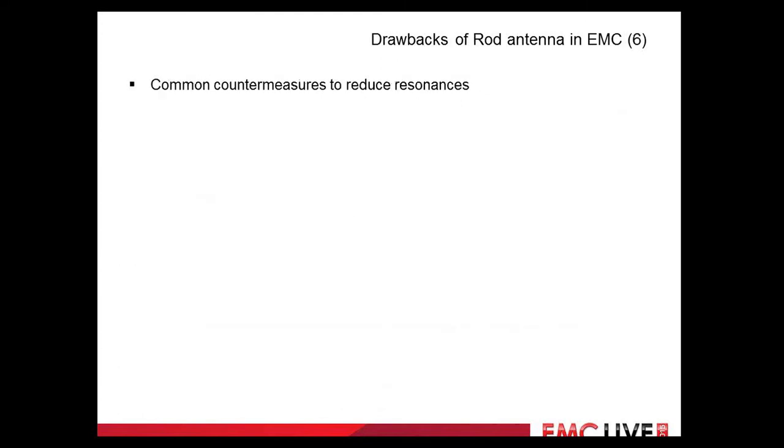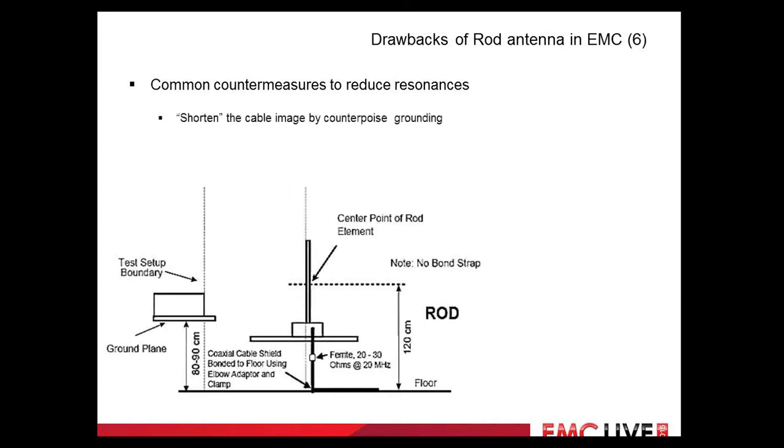Now, there are common countermeasures put in place in laboratories to reduce those resonances. I'm just summarizing some. One is to shorten the cable image by grounding the counterpoise, or by increasing the impedance of this grounding with ferrite beads, or both, like in the example.